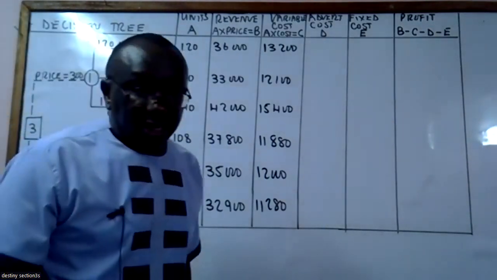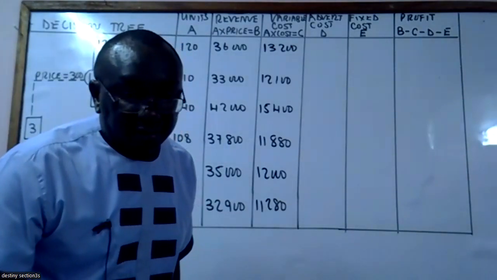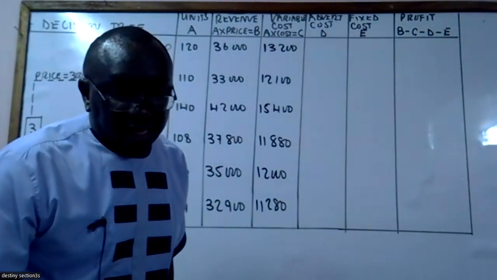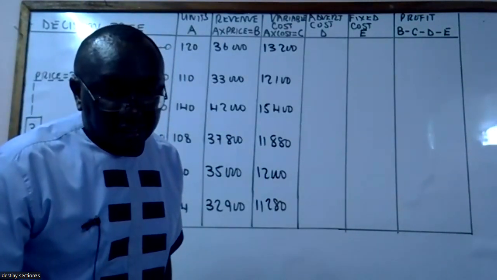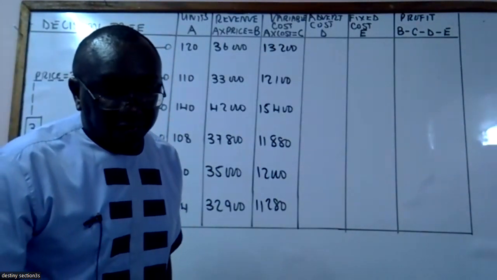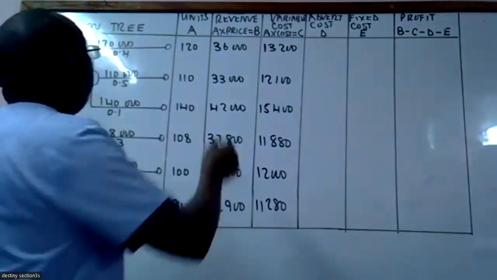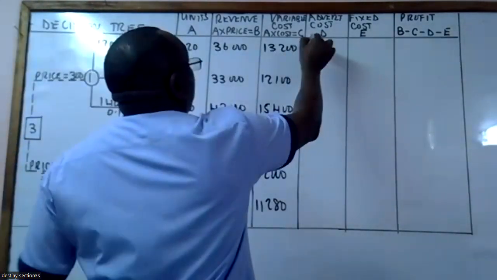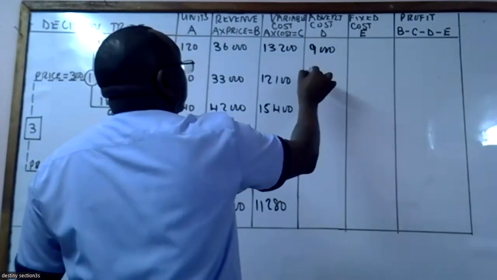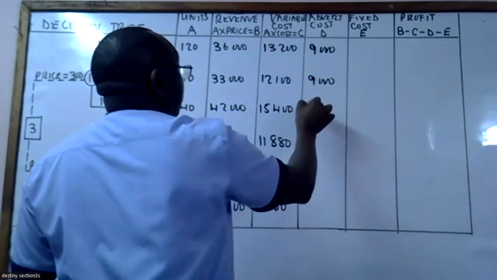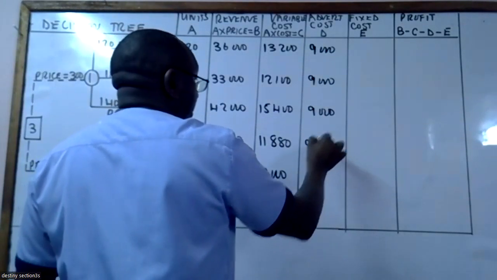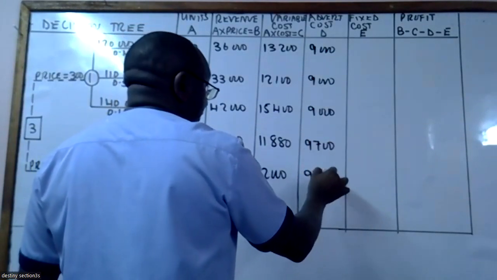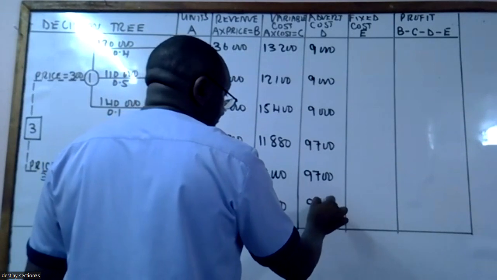Now, when you look at information 2, it says advertising costs would be 9 million for price of 300 and 9.7 million for 350. So here for 300, put 9,000 because our figures are in thousands. And then here, put 9,700, 9,700, 9,700.